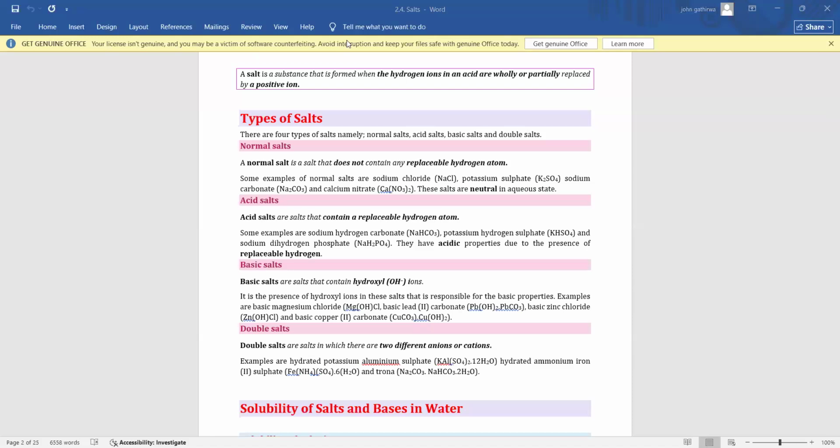All nitrates are soluble. Very good. All nitrates are soluble. Any other person?